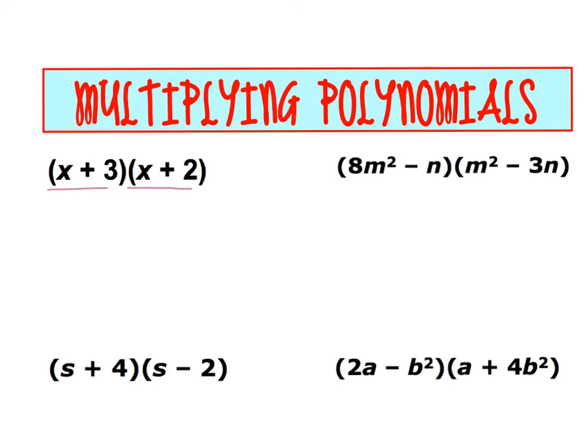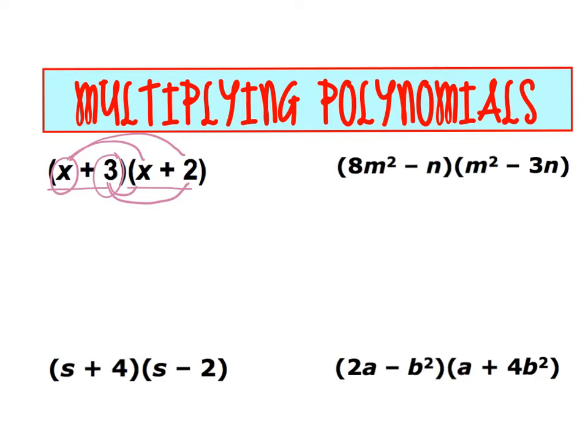So I'm going to take both of the terms in my first set of parentheses, in my first polynomial, and multiply them to every term in my second set of parentheses, or my second polynomial. So I'm basically going to take x times x and x times 2. Okay, and then I'm also going to take 3 times x and 3 times 2.